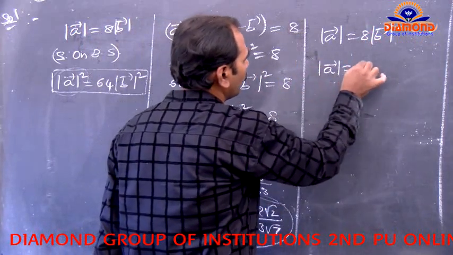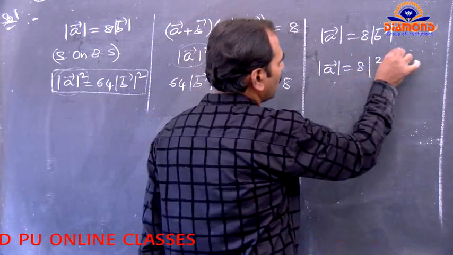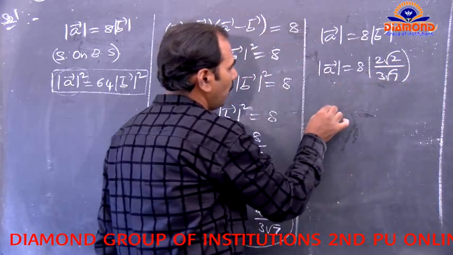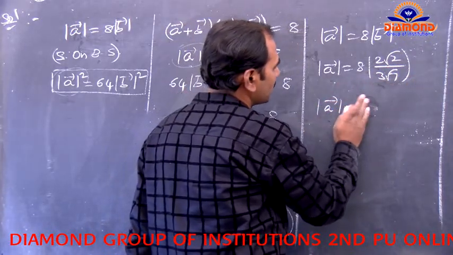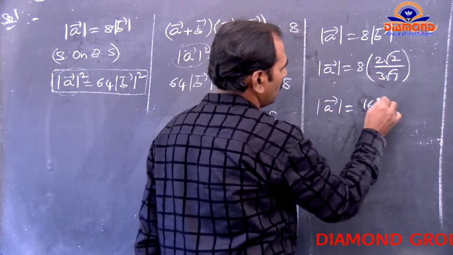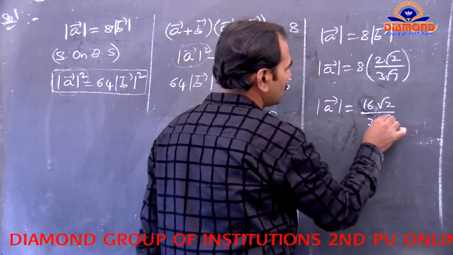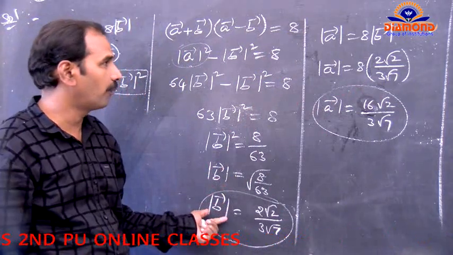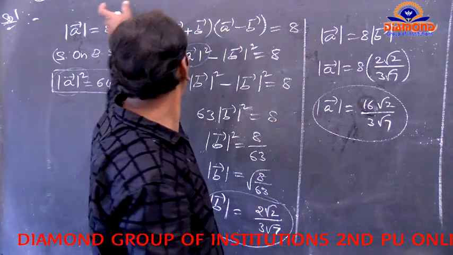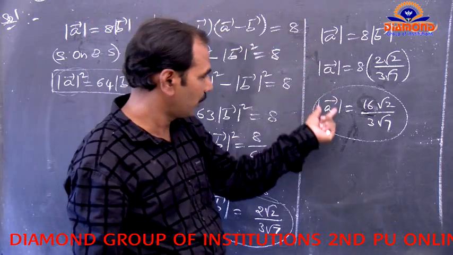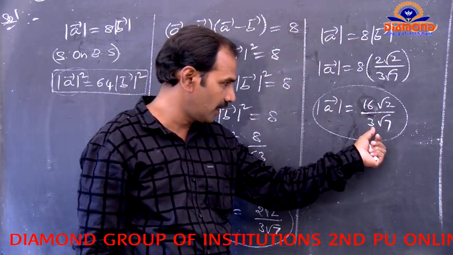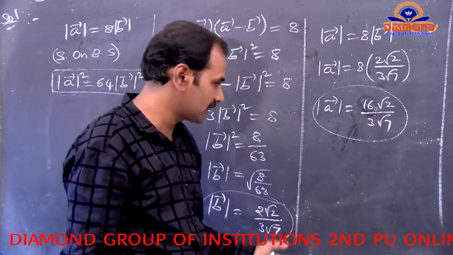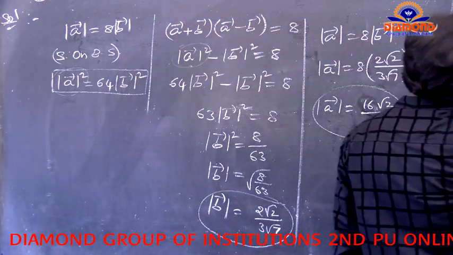Magnitude of A equals 8 into 2 root 2 divided by 3 root 7, so magnitude of A equals 16 root 2 divided by 3 root 7. Magnitude of B equals 2 root 2 divided by 3 root 7. This is your answer.